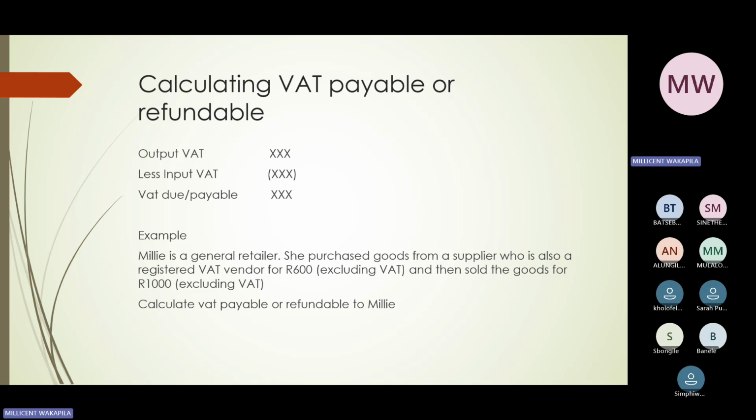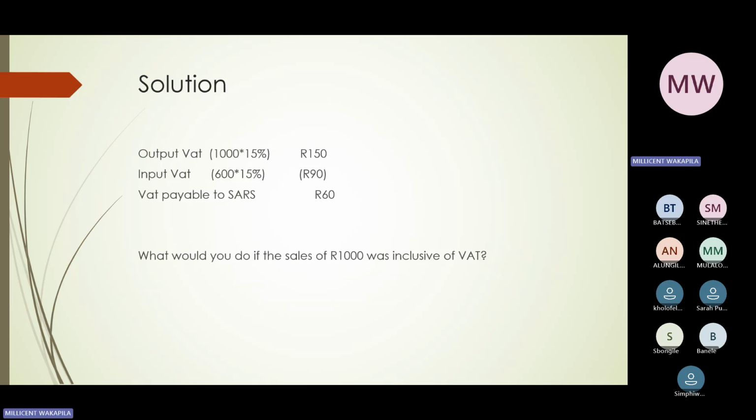Okay, moving on, right? We agreed at the beginning of the class that VAT is rated at 15%, right? I also remember saying that VAT can also be rated at 0%, but there are specific scenarios where VAT is only allowed to be 0% on certain taxable supplies, right? In this case, it's not one of them, so that is why I used 15%.